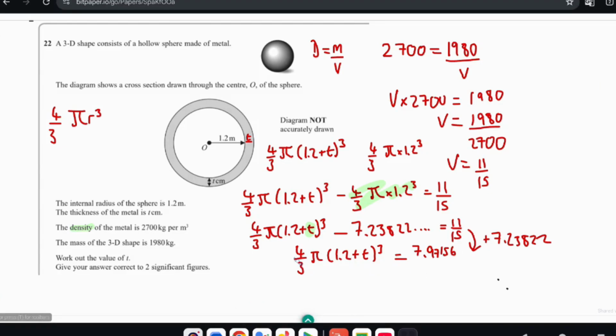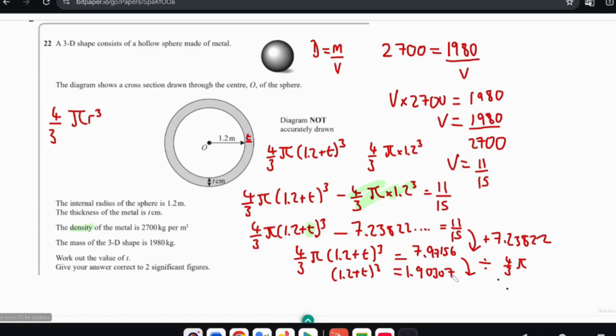I can divide both sides by 4/3 pi, which gives me 1.90307.